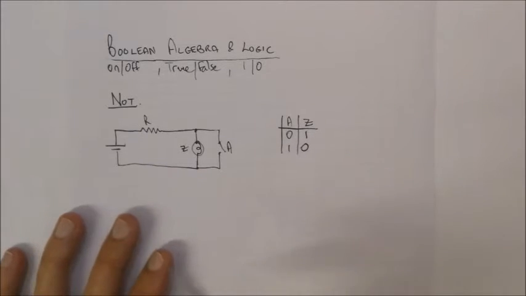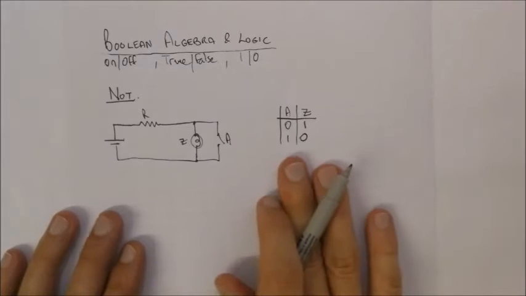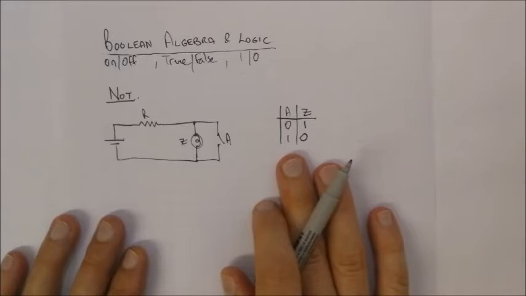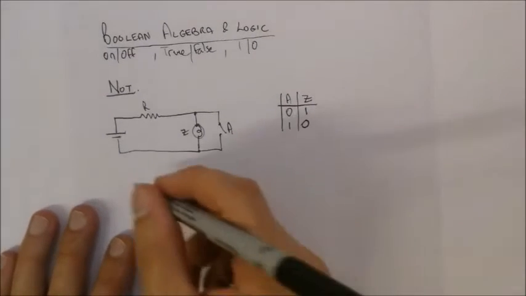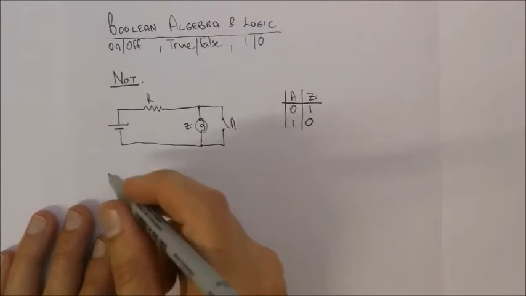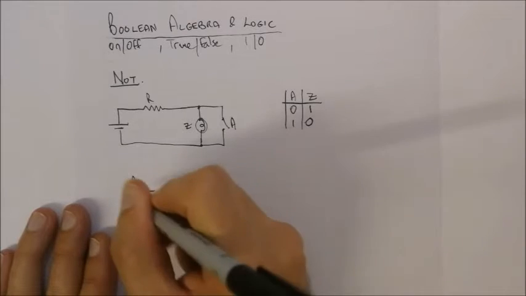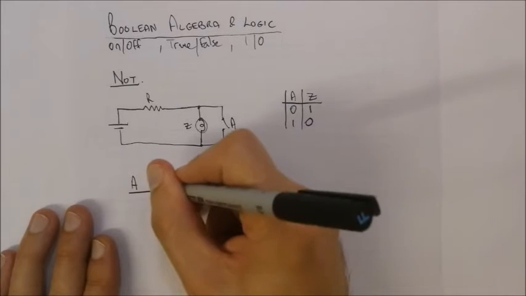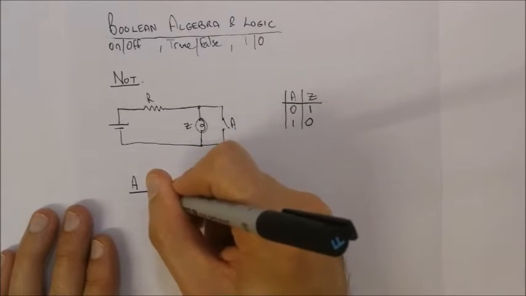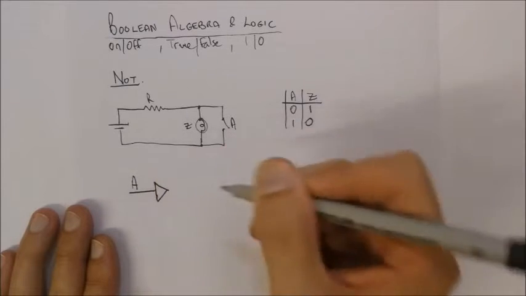Okay, so this is what's known as the truth table for the NOT gate, and the diagram for the NOT gate is represented as the following. So you've got your input A. In NOT gates, it's only got one input. This symbol you might have come across before.